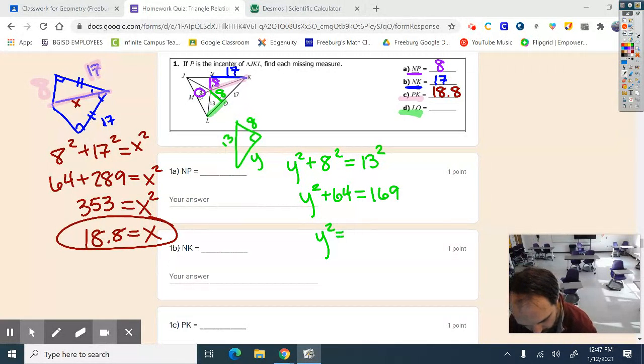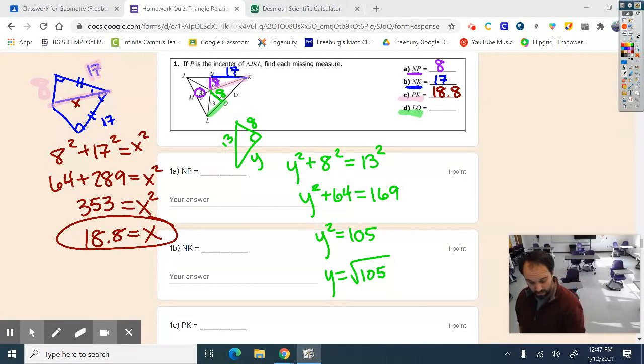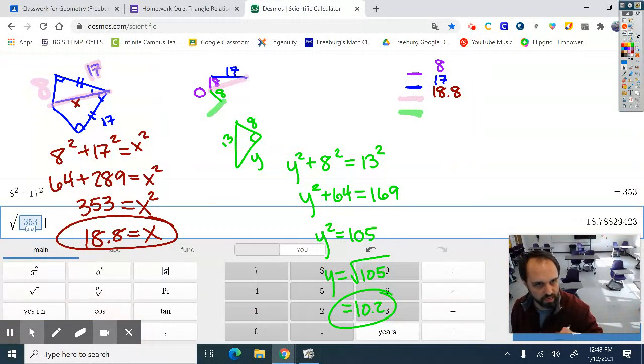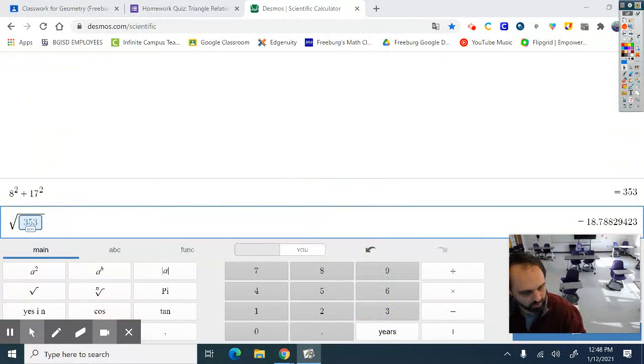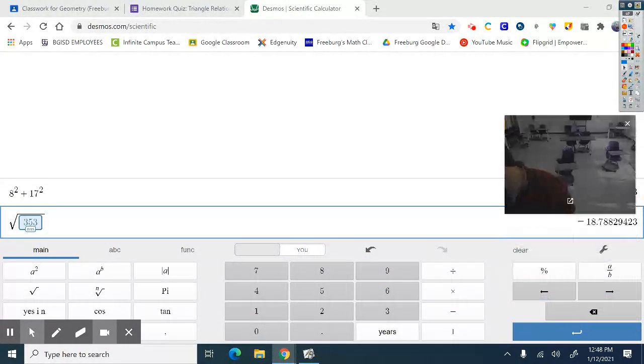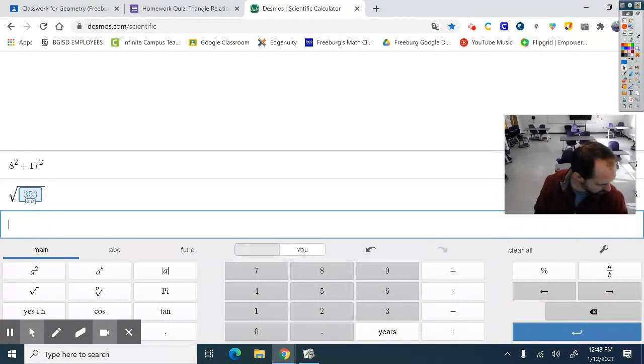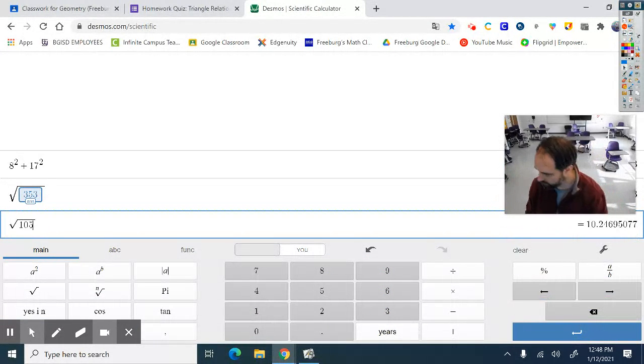Y squared equals 105. So square root of 105, which is what? Roughly 10.2, let's call it. Again, double check me on my math. Or actually, since I pulled it up already, let's go take a look. Let's see what we get. We've got square root of 105.